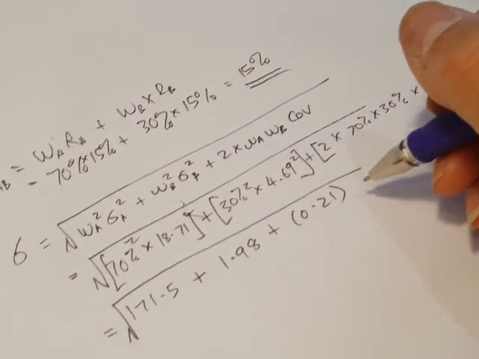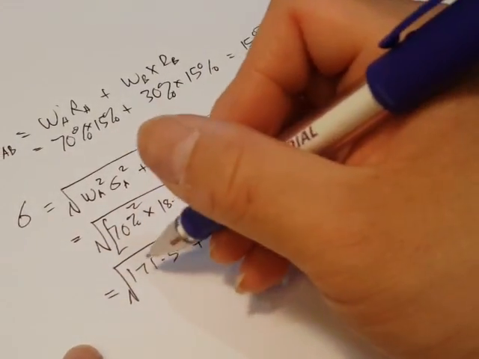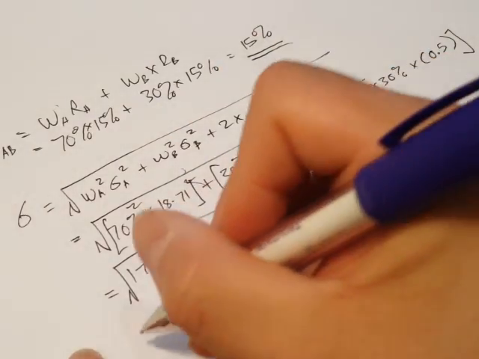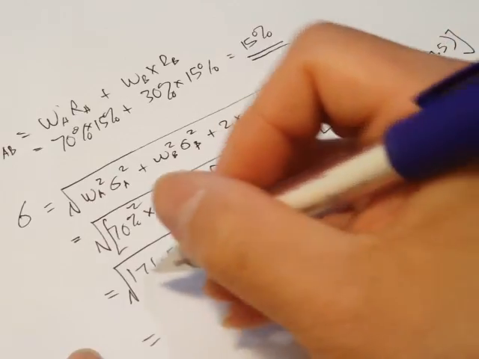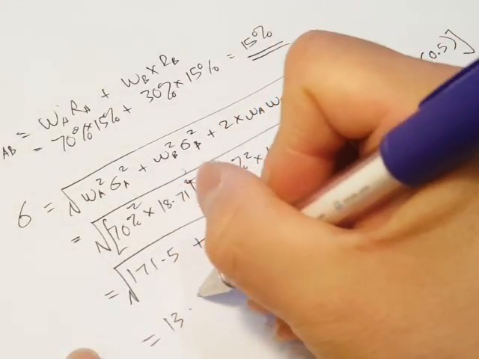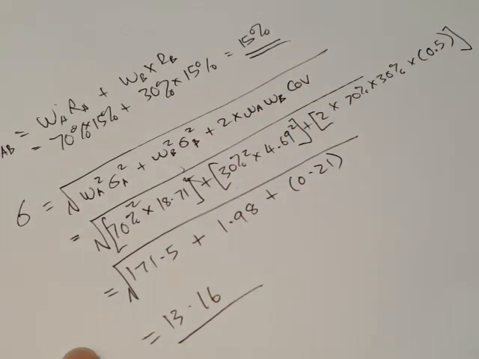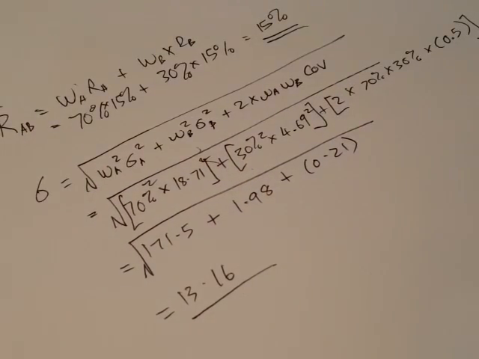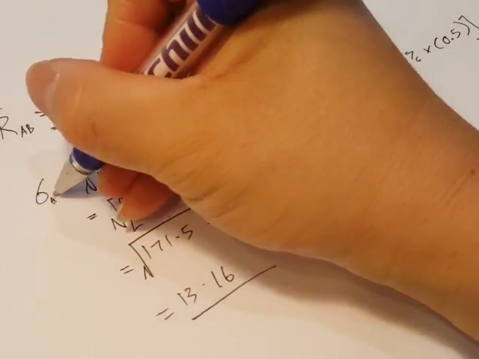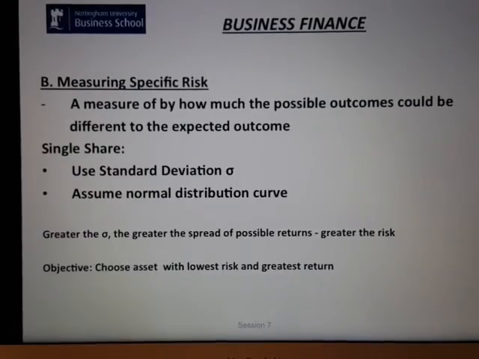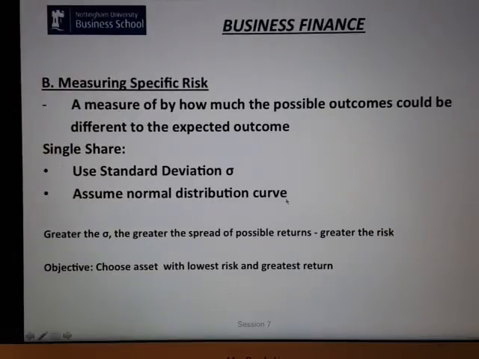Make sure you know how to use the function for square root in your calculator, and you should be able to get 13.16. That is the standard deviation for portfolio AB. Let's go back to the original slide. We have done this, so we have calculated the standard deviation.